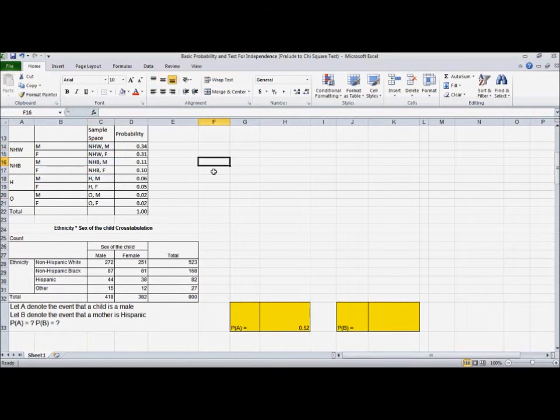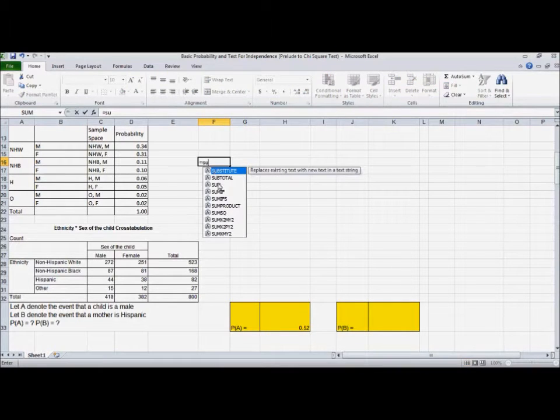Let's confirm that. So if I were to use my sum function again, we see one event, separate that by a comma, remember. This is a second event, outcome, excuse me, and final outcome. So this is the probability of the event that a child is male.